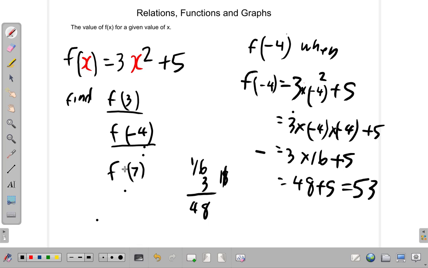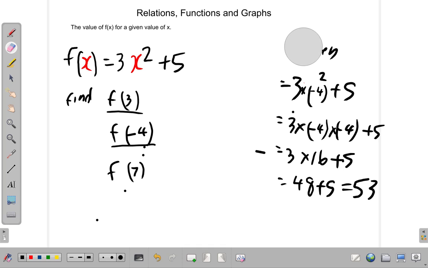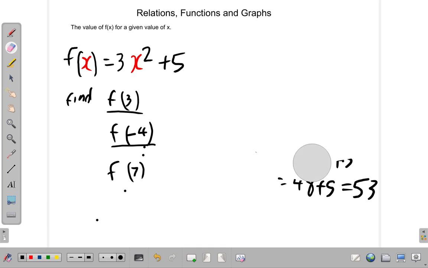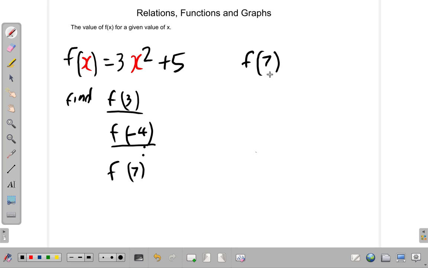Then we look for f of 7. Now, we have to find f of 7 when we have f of x equals 3 times x squared plus 5.